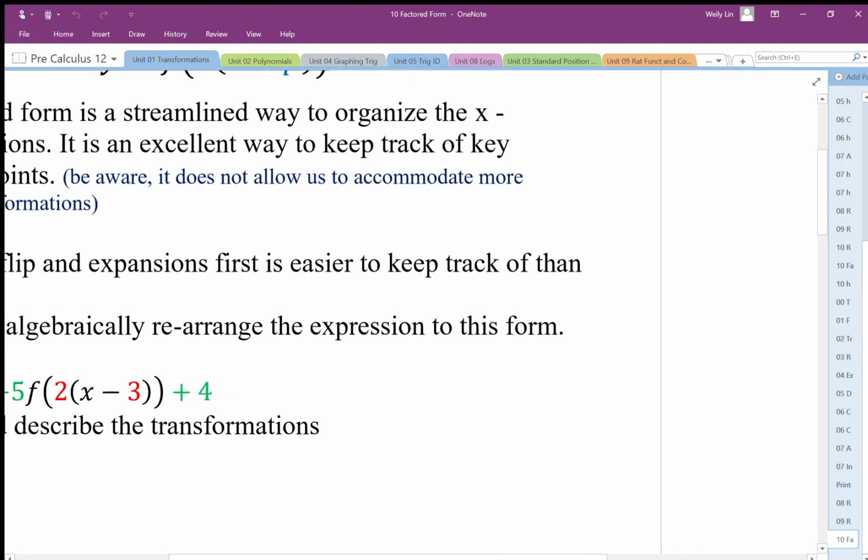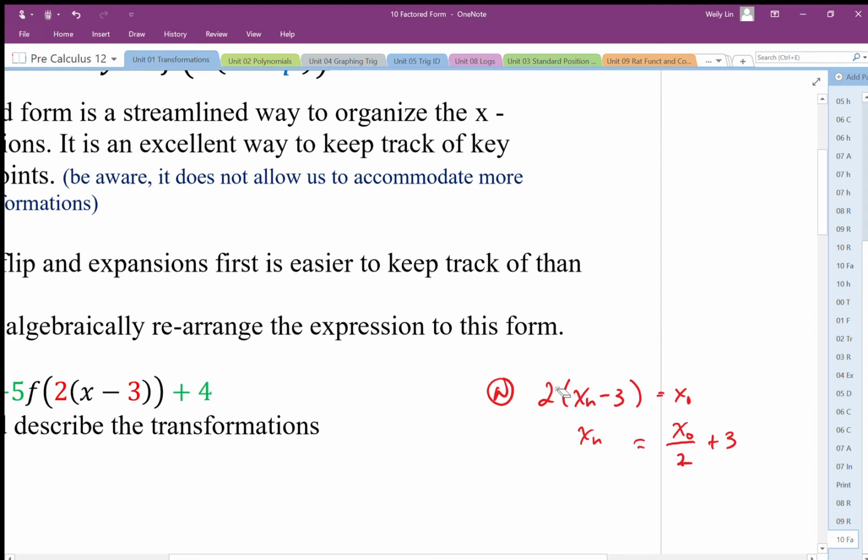In factored form, when I undo factored form, it looks like this. This is my notation. When I undo the factored form, I'm going to undo the times, so I'm going to end up with divide first and then plus. I'm going to undo the minus last.